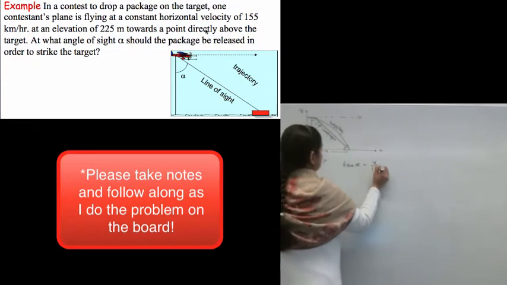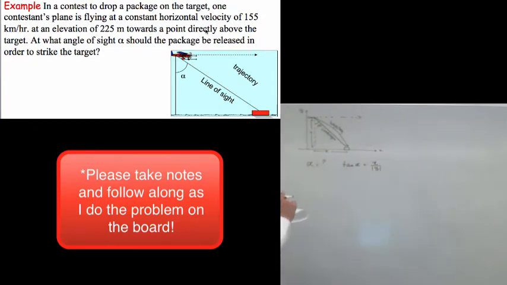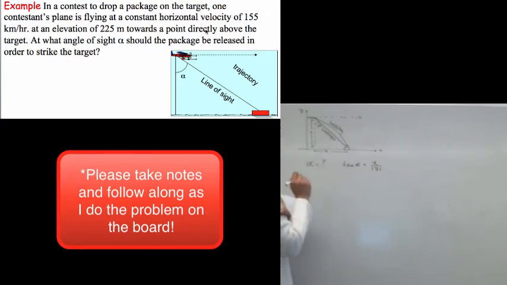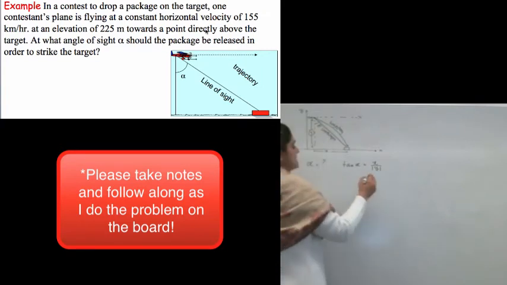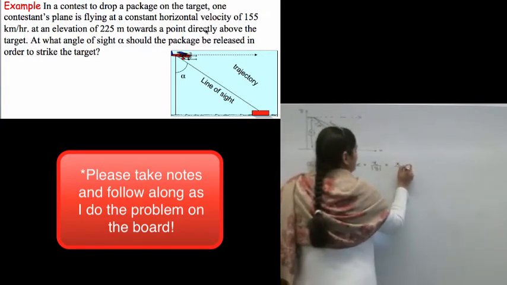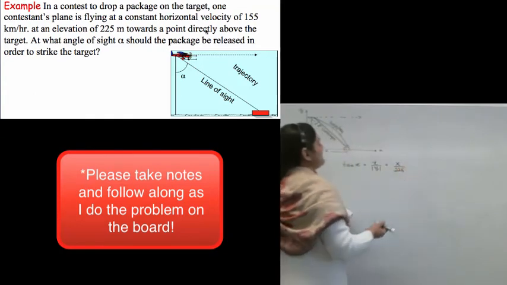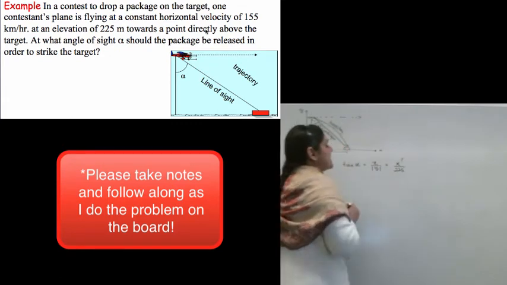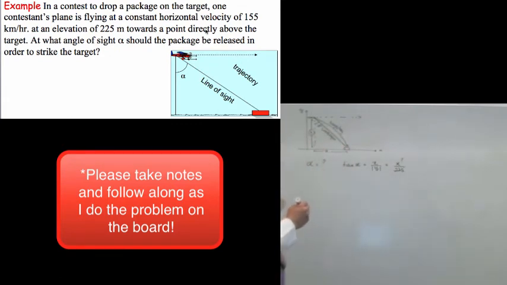I'm just going to choose the magnitude of y because I don't want to worry about positive and negative signs. What I do know is that they've given me what this y is, so I can plug in 225, which makes my life easy. However, I don't know what x is, so somehow I have to find x.